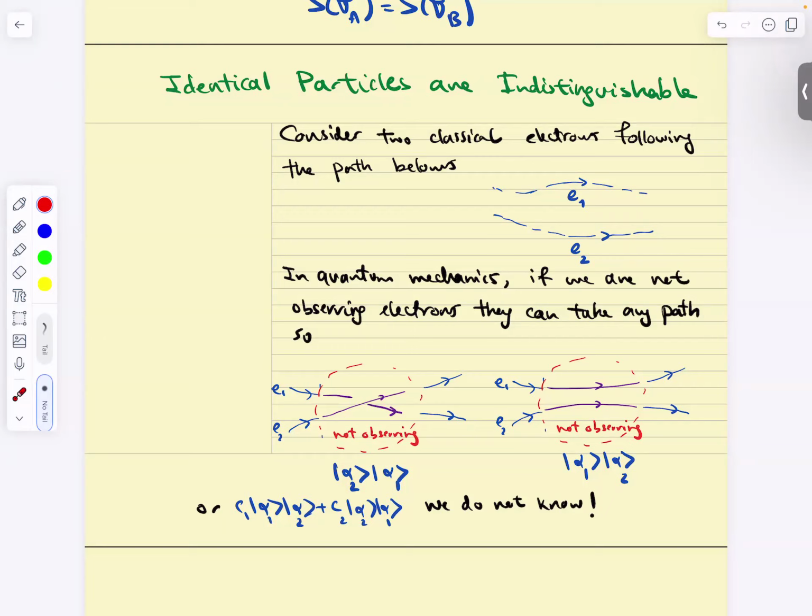So I'm just going to give you this answer. Remember the double slit experiment? When I was not watching, I was sending a particle here, getting something here, and sending another, getting something there. That is adding up waves, right? But what I'm saying is that there is no way to know.